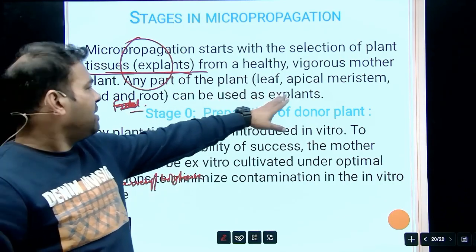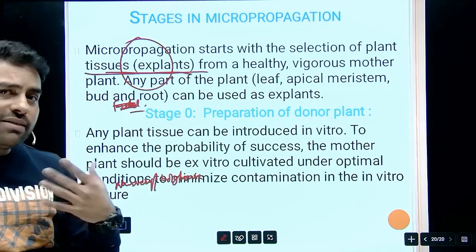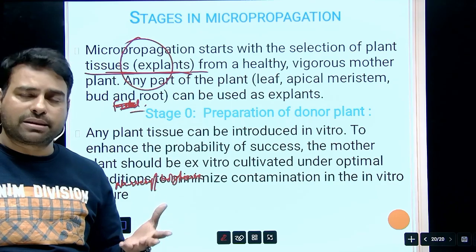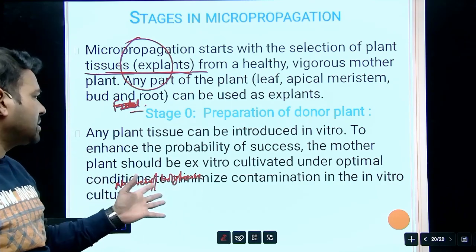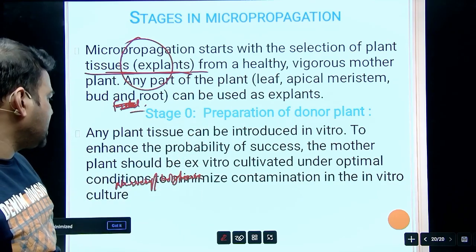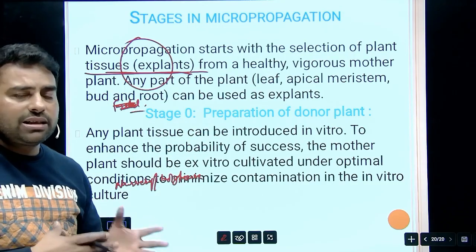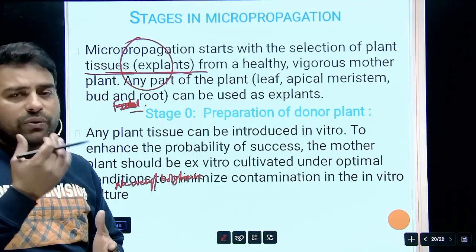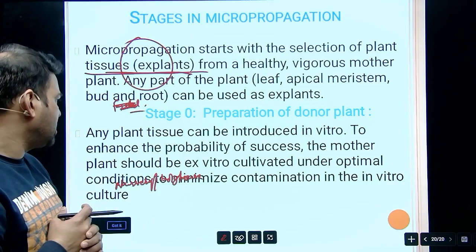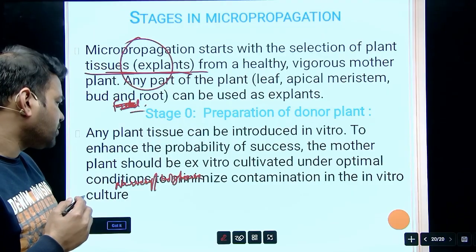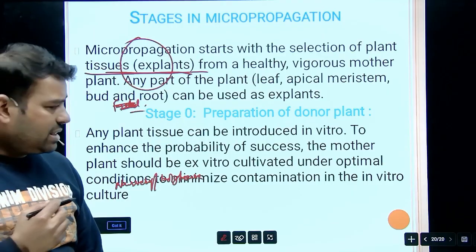Leaf, apical meristem, buds, root, anything we can choose, but the more preferable explants are meristematic tissues and apical buds. So the first step is preparation of the donor plant. How will we prepare this donor plant, and how can we cut the explant from this mother plant? We have to do surface sterilization.